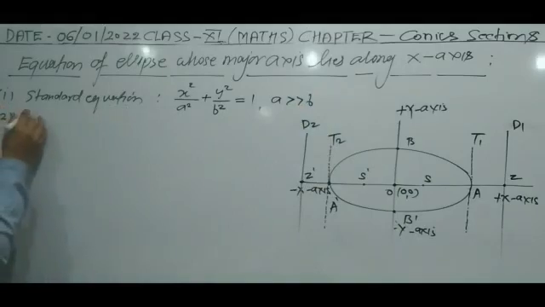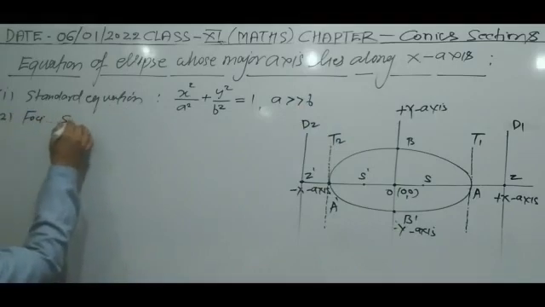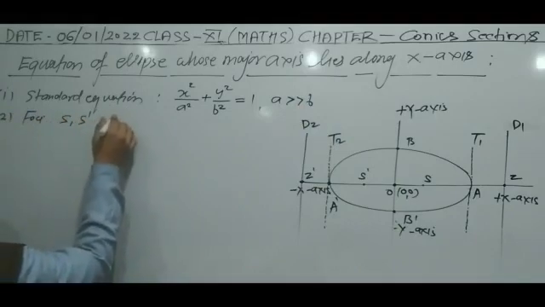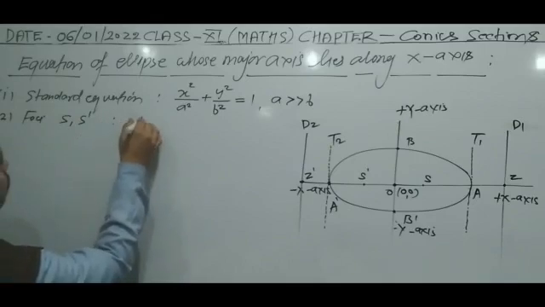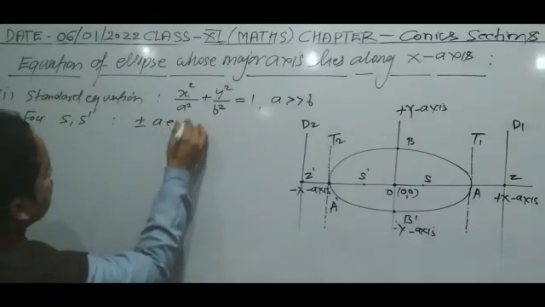Now second point, foci coordinates S dash, that is plus minus ae comma 0.